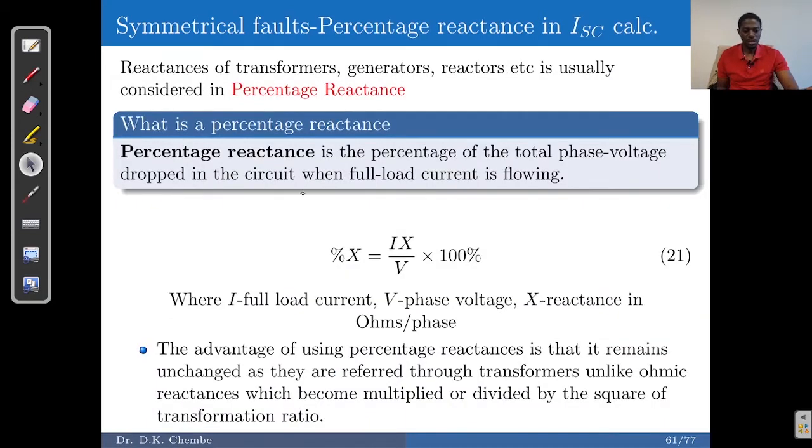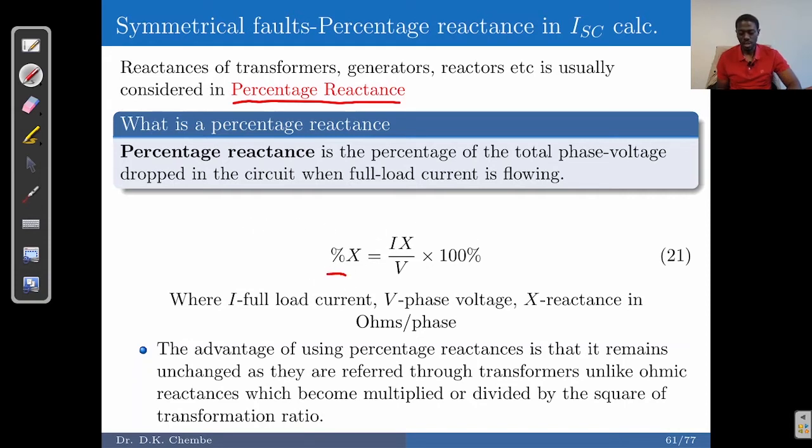So when it comes to reactance, we have to now calculate what we call the percentage reactance. The reactance of transformers, generators, reactors, etc. are usually considered in what we call the percentage reactance. What is a percentage reactance? This is simply the percentage of the total phase voltage dropped in the circuit when full load current is flowing.